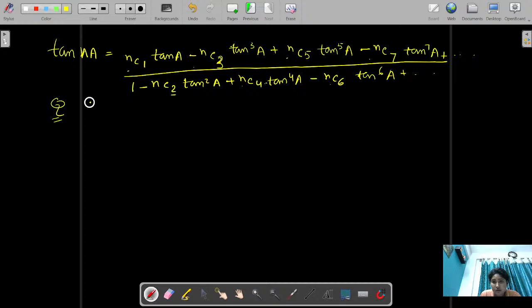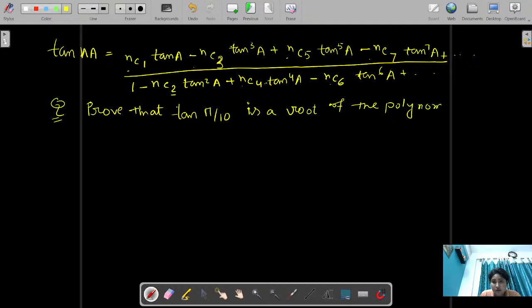The question is, prove that tan pi by 10 is a root of the polynomial equation.